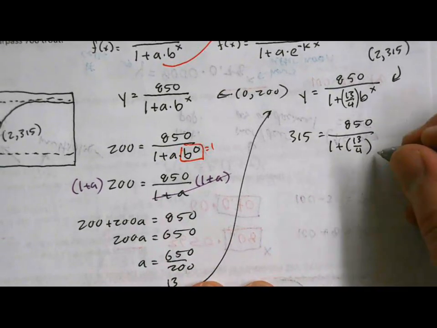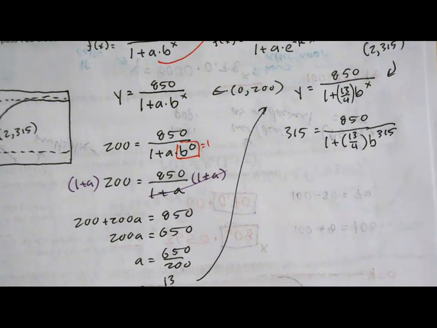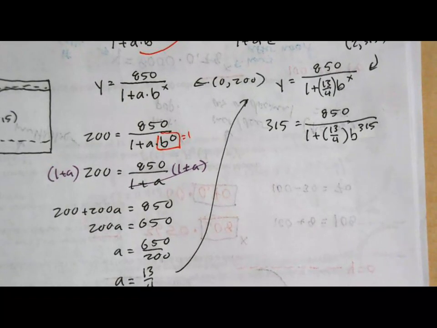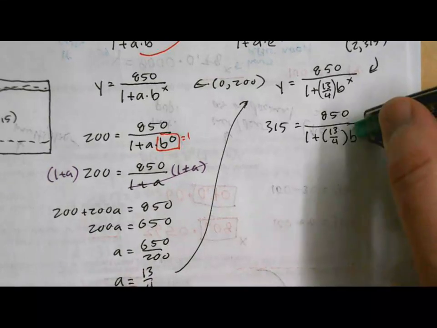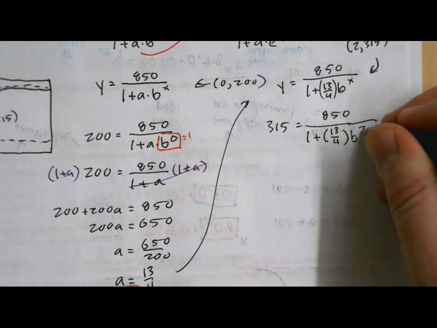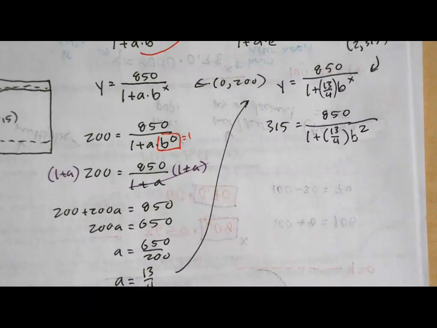B's not 315. X is 315. That's a great question. That was supposed to be a 2, wasn't it? Jeez. I made one mistake and then I corrected it with another one. Thank you for helping me out there.